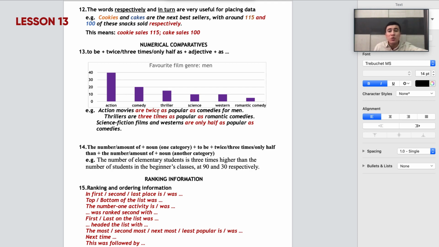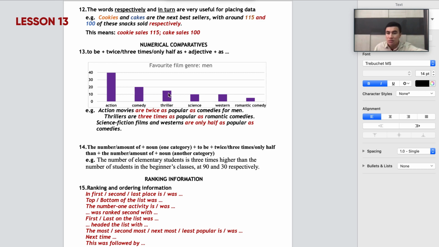Action movies are twice as popular as comedies for men. So you see action movies, so 40, and we have comedies, so 20. If you compare, so action movies are twice as popular as comedies. So let's talk about thrillers and romantic comedies.